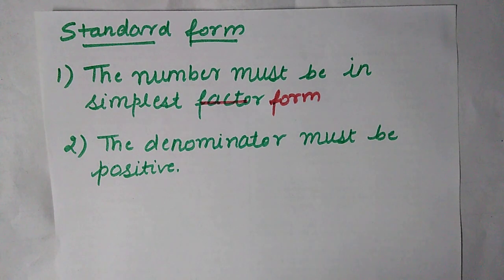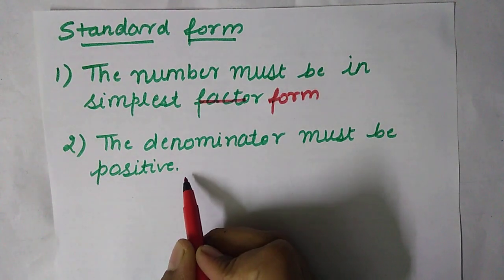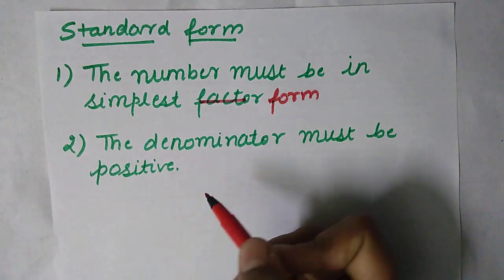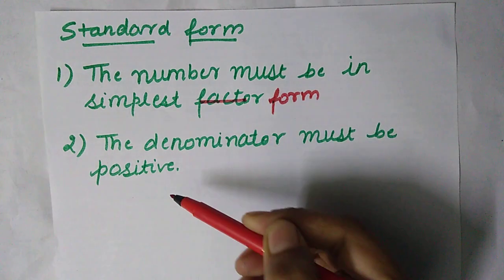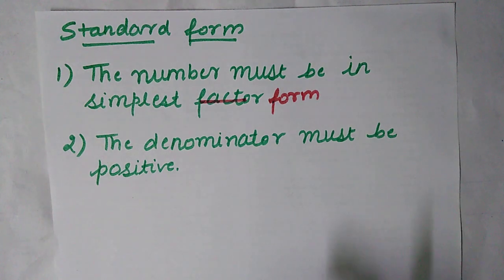And second, the denominator must be positive. If a number satisfies these two conditions, then we can say that rational number is in standard form.